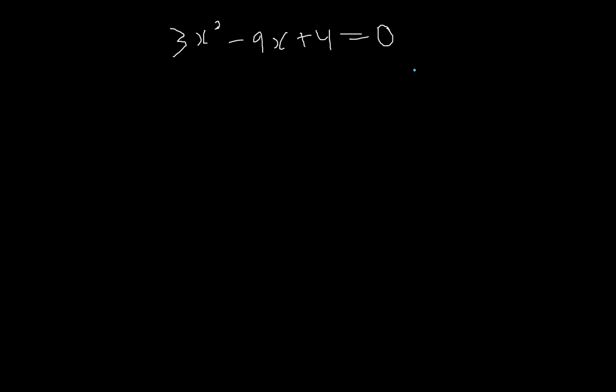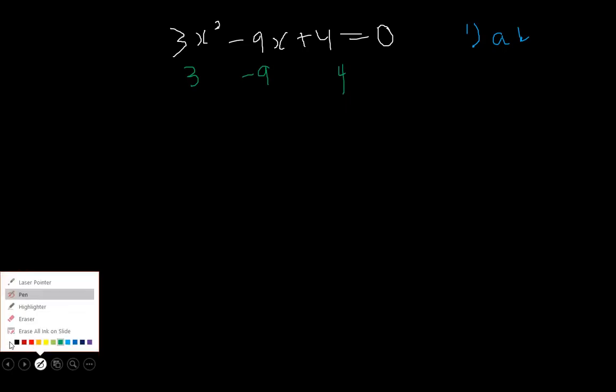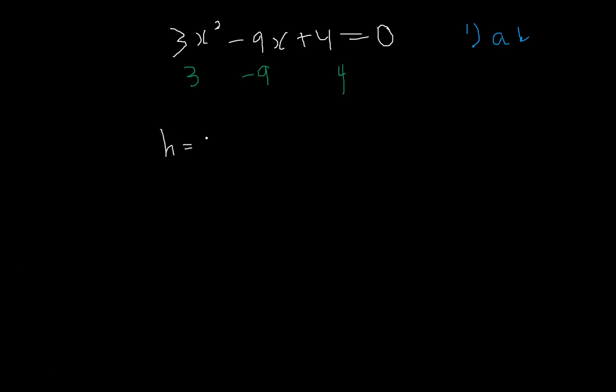First step, you find out what A, B, and C are. A is 3, B is -9, C is 4. Then you find out what H is. H is B over 2A, which is -9 over 3 times 2, which will be -9 over 6, -3 over 2.